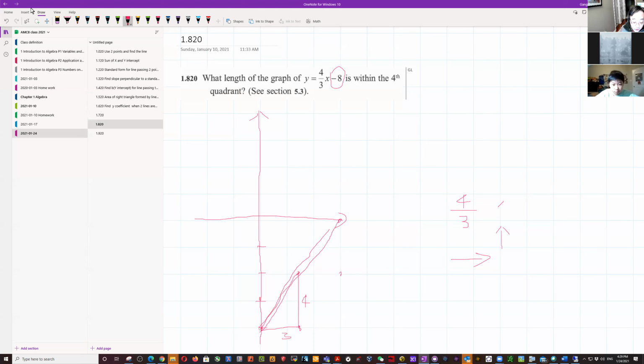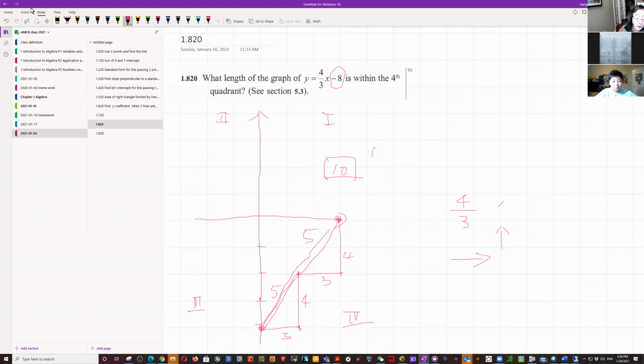And this is a hypotenuse, so this is 5. So after drawing the picture, you're going to get 10 as the length of the graph in the fourth quadrant. So this is the first quadrant, second quadrant, third quadrant, and the fourth quadrant. It is 10, just by drawing the picture.